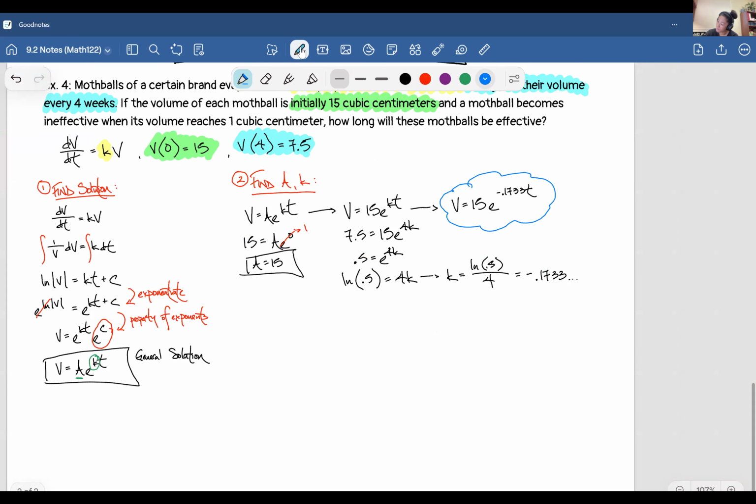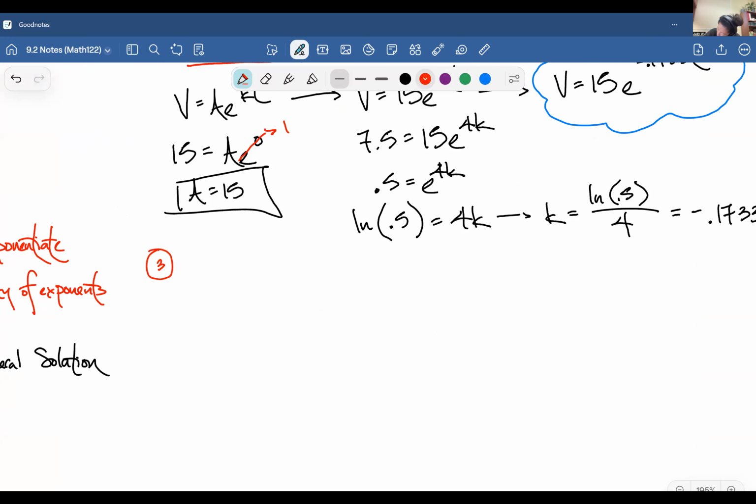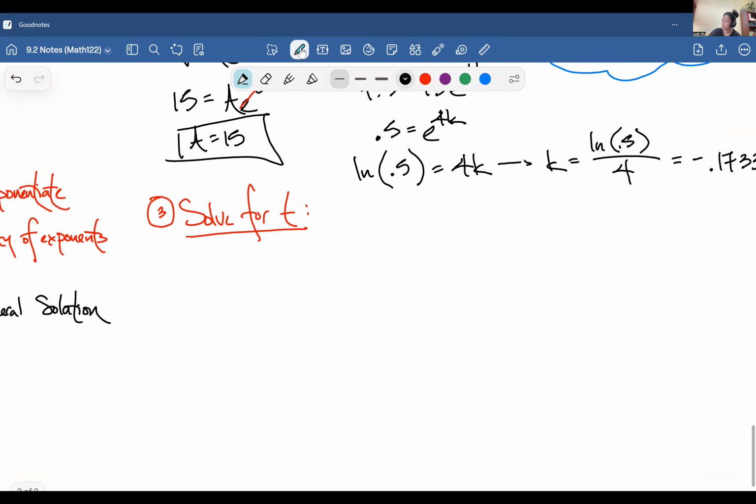But for the third and final step, we want to find out how long until this mothball is only 1 cubic centimeter big. So as our third step, we're going to solve for T.